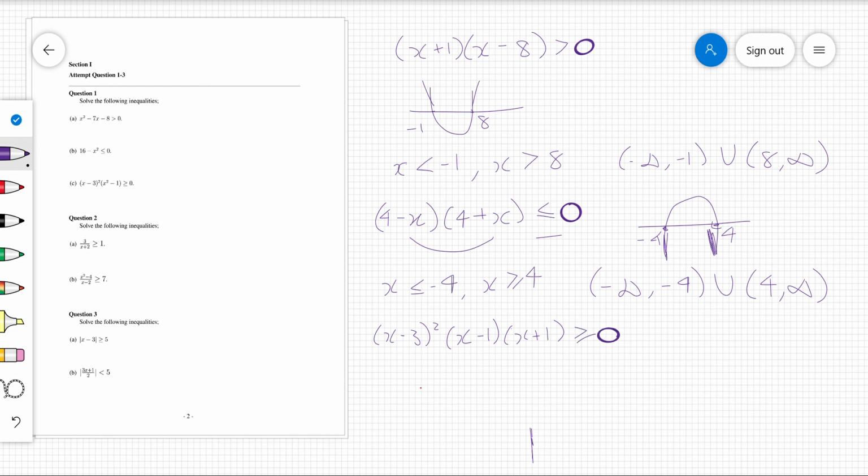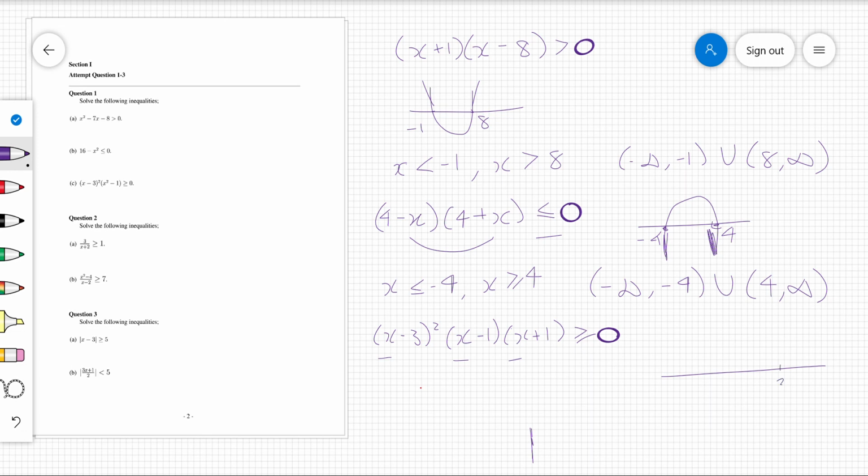All right, so we can see here we've got a quartic, and it's a positive quartic. It's an x squared times an x times an x. So it's a positive quartic, and it cuts at 1 and -1, and it bounces at 3.